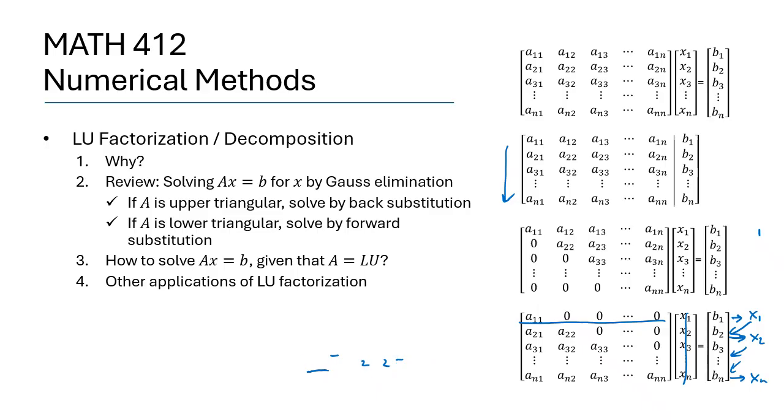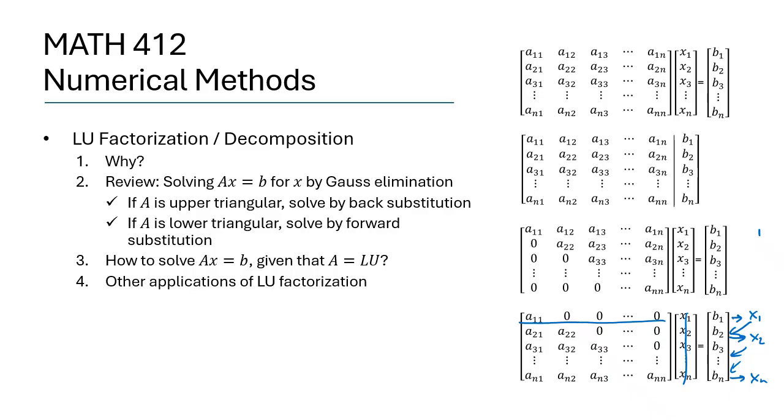So if we are lucky enough that the given system is of this form, we can solve it easily. No Gauss elimination, no matrix operations are needed. That's one reason why we need LU factorization.